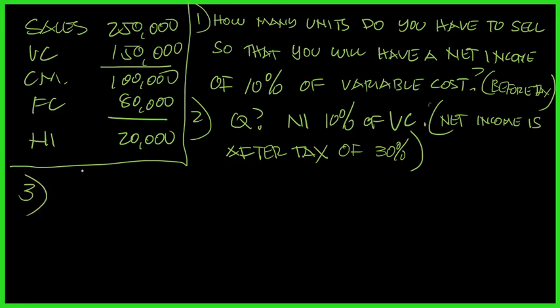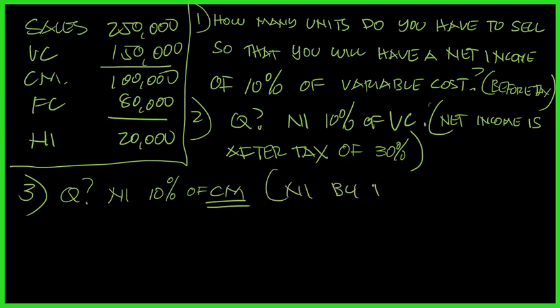Question number 3, parehong-pareho. How many units do you have to sell so that you will have at least a net income of 10% of, this time, contribution margin naman. Tapos yung net income natin ay before tax.